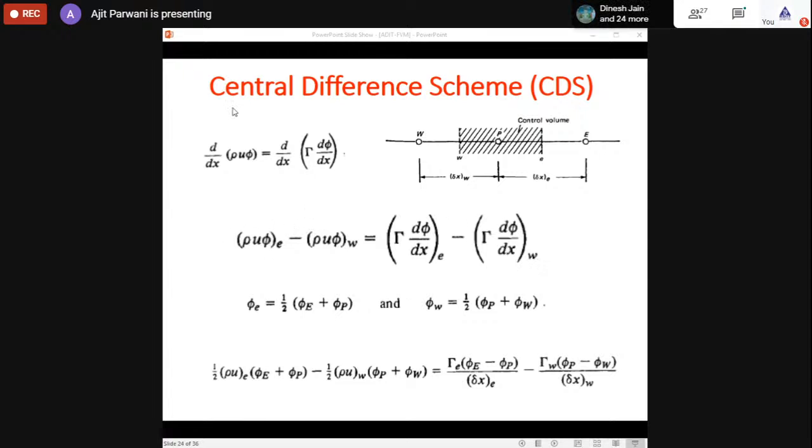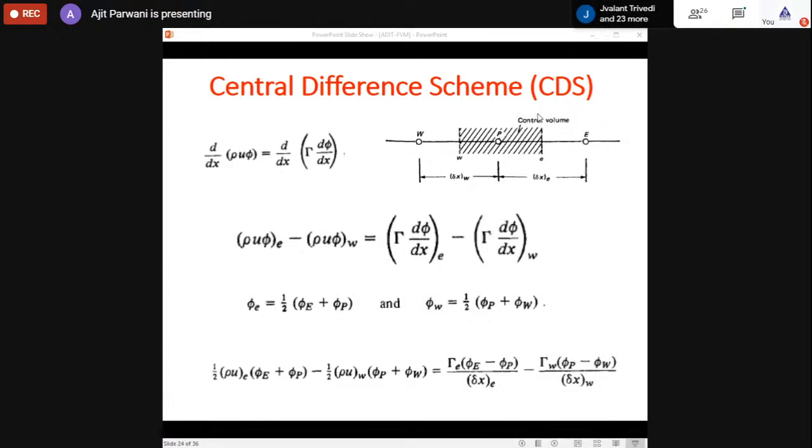The first scheme which I am discussing now is the central difference scheme. In this central difference scheme, the profile function that is assumed to solve this convection term is the linear profile. If I assume the linear profile, then I can write the temperature at E as the temperature at the E computational node and the temperature at the P computational node, so this is TE plus TP upon 2.